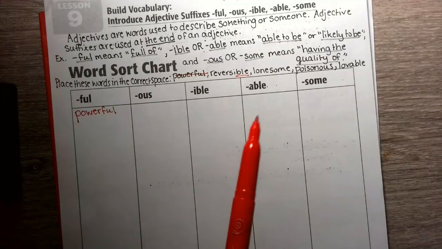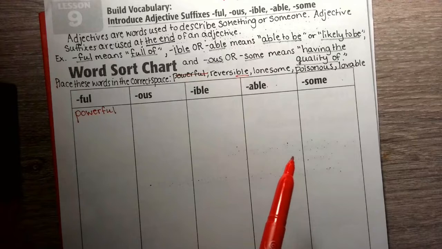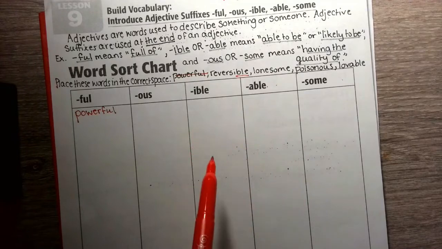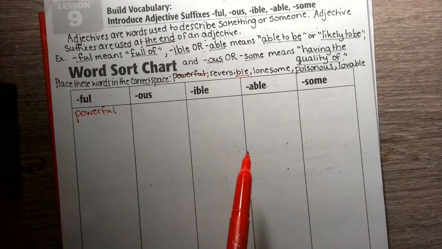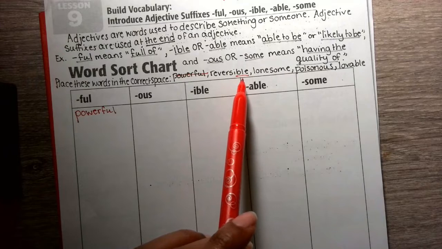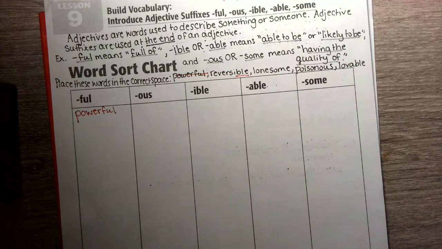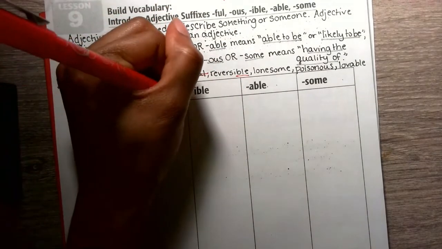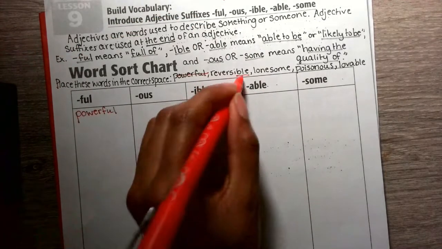When you put it in the freezer, it then will become a solid. If you take that ice cube tray out and leave it on the counter, then it will reverse back into a liquid. So reversible is something that is able to change or likely to change. So I'm going to put reversible right here and cross it out.